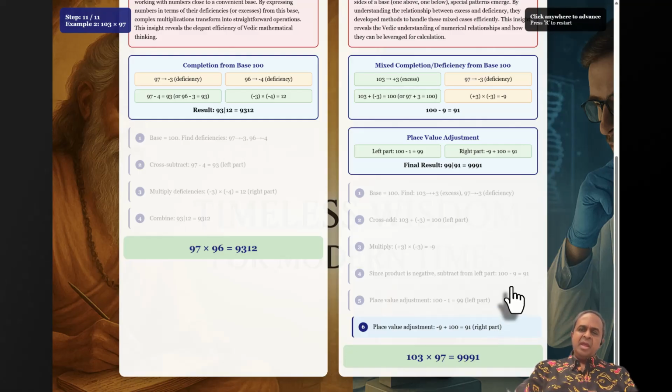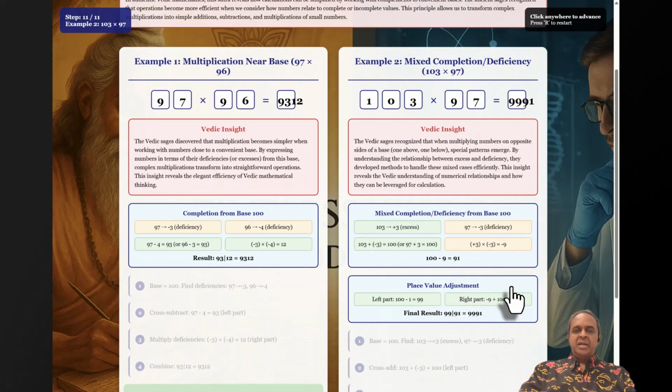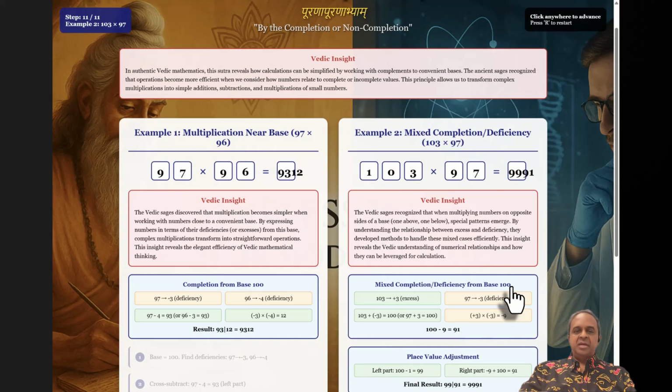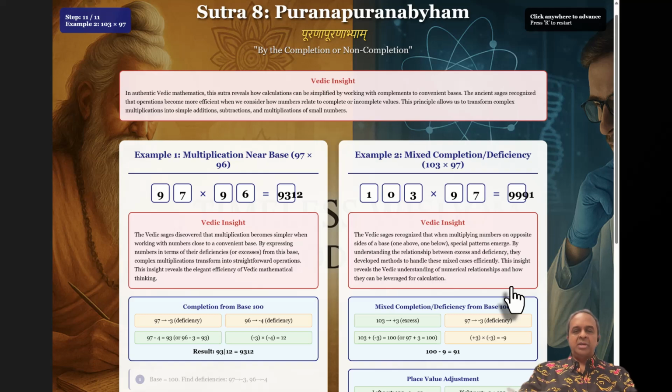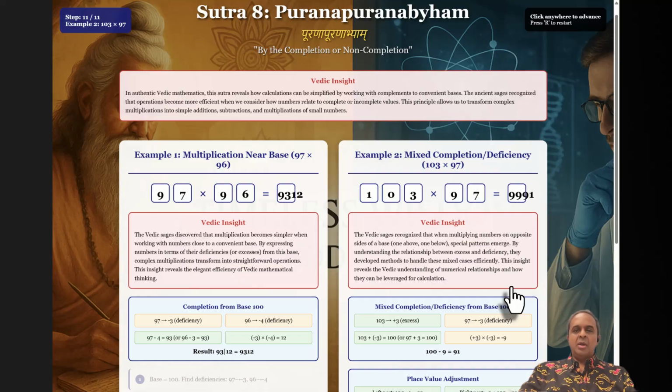Again, remember: look at the numbers, recognize the patterns, and apply the right sutra. Like I said, there are 14 of these, and then you can pretty much solve any kind of mathematical calculation. So Purnapuranabhyam teaches us to work efficiently with numbers near convenient bases and by recognizing patterns of completion or non-completion, or deficiency, whether dealing with pure deficiency or mixed cases.